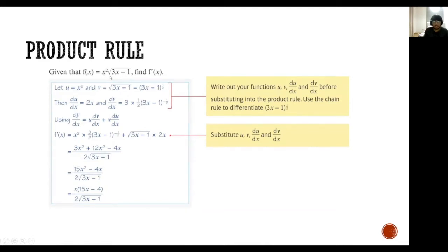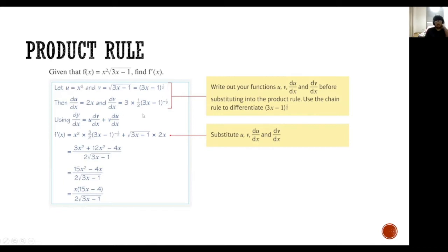We know that anything that is being square rooted can be written as raised to the power of half. So when we differentiate u with respect to x, what we get is 2x, because you're multiplying 2 with 1, which gives us 2x. 2 minus 1 is 1.